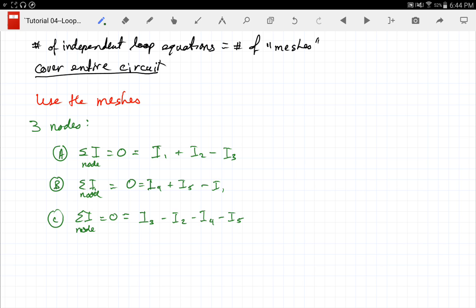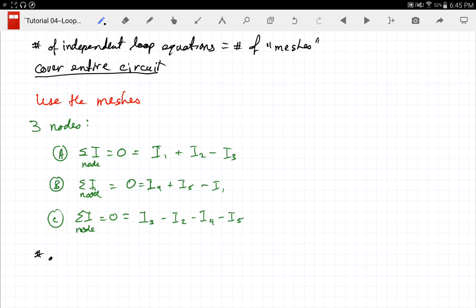Now remember, how many total equations do I need? 5. How many did I have for my meshes? 3. So I only need 2 here. Which 2 do I take? It does not matter, but there is another important selection criteria. For independent equations, they have to be independent.